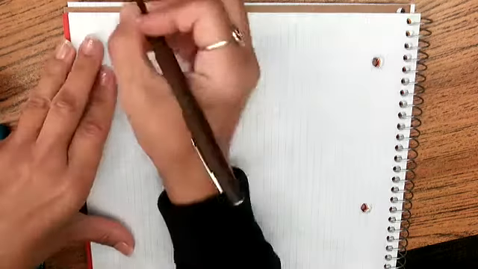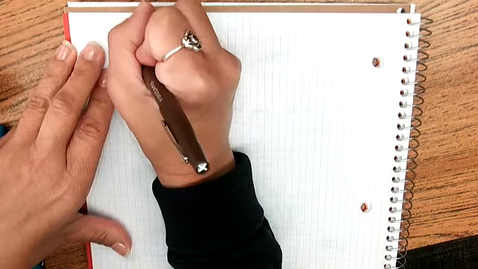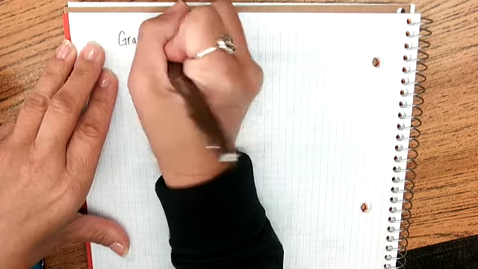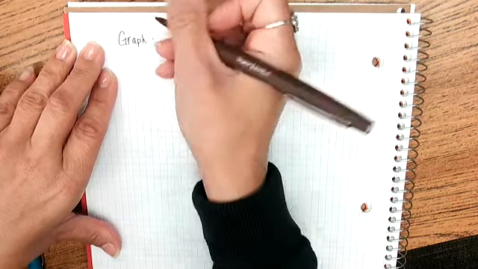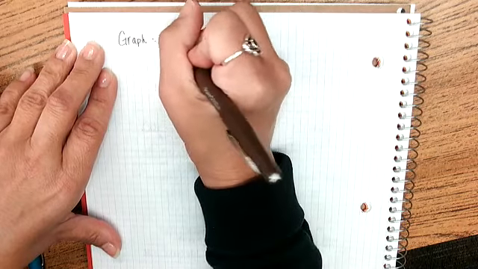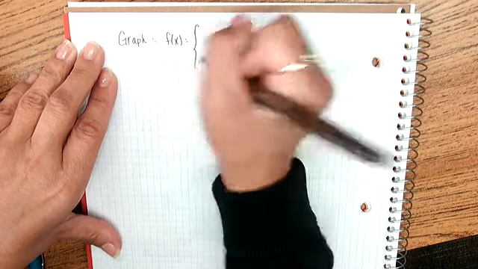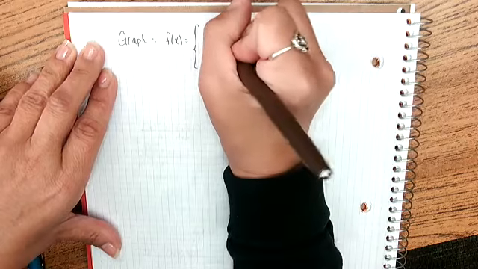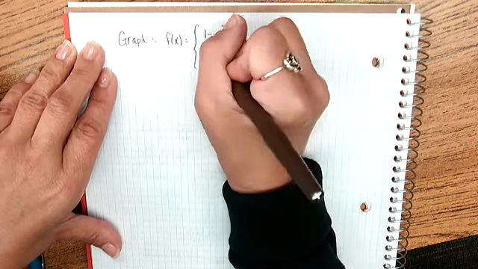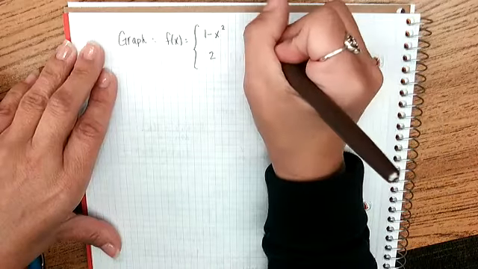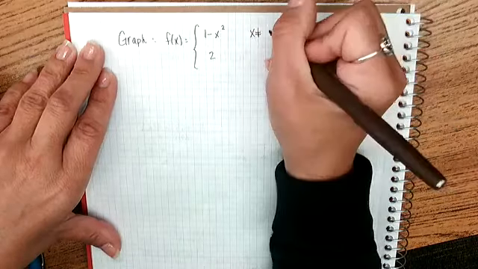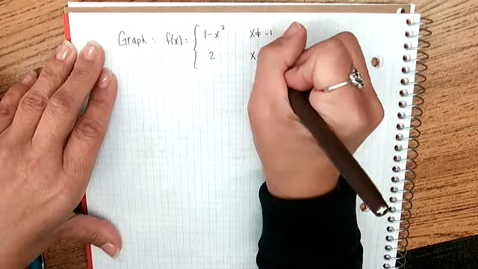I'm going to review how to graph a piecewise function, and we will look at several graphs on the calculator and finding limits. Okay, so let's graph. The f of x is equal to 1 minus x squared, x not equal to -1, and 2 when x equals -1.